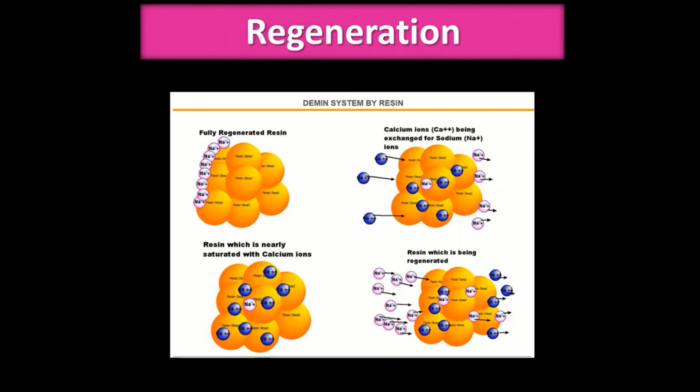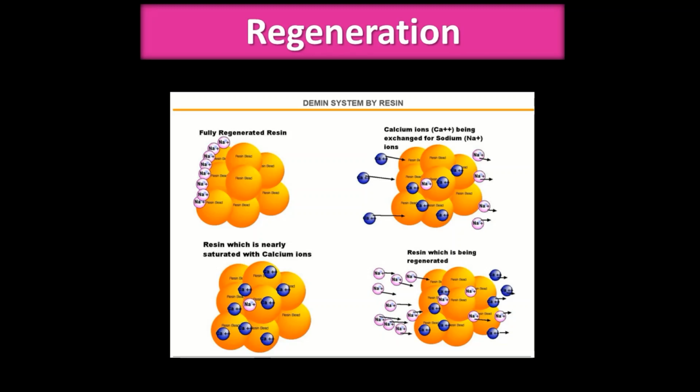Now we are going to see the regeneration process. What is it actually? We are continuously passing water and removing cations and anions from the water, making demineralized water. When the process continues like this, the resin loses its nature at one time, which means that it loses its own cations and anions and gets occupied by the cations and anions of water.